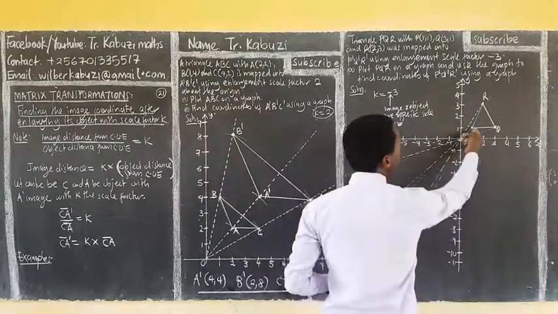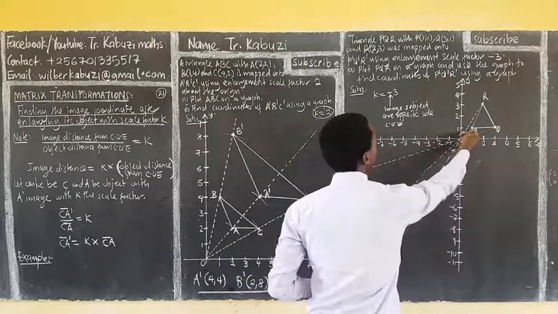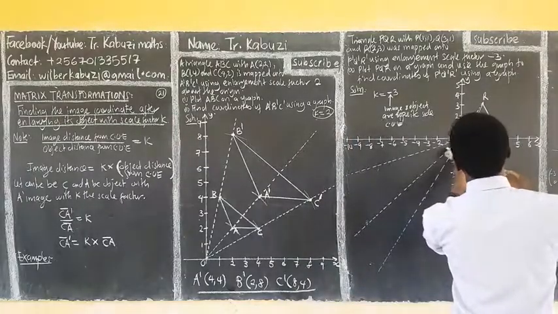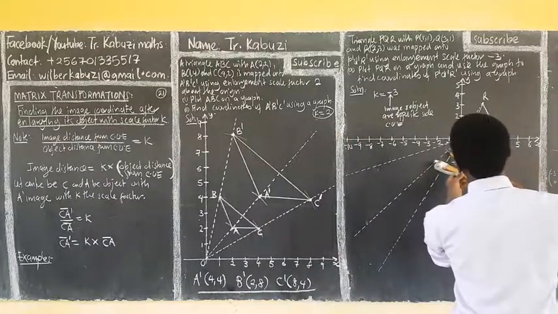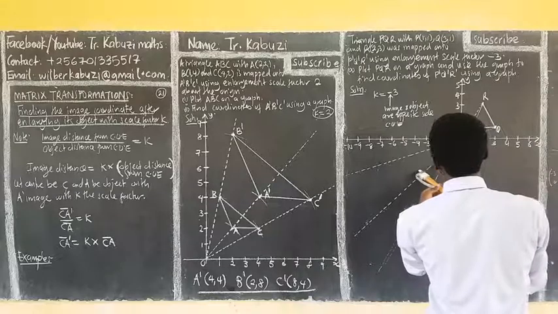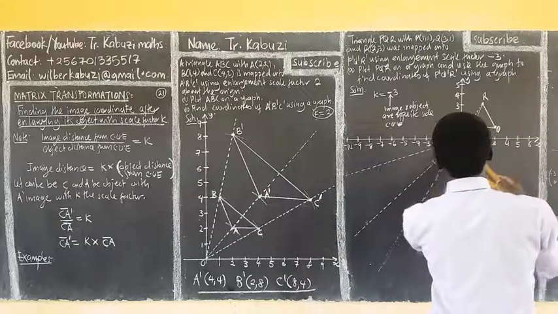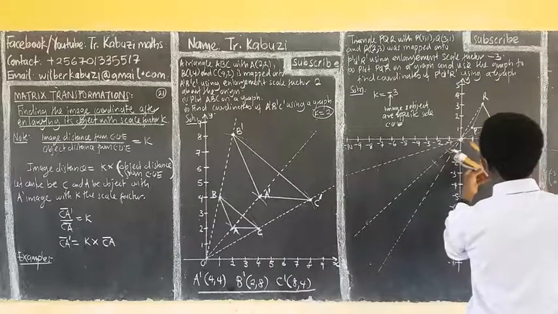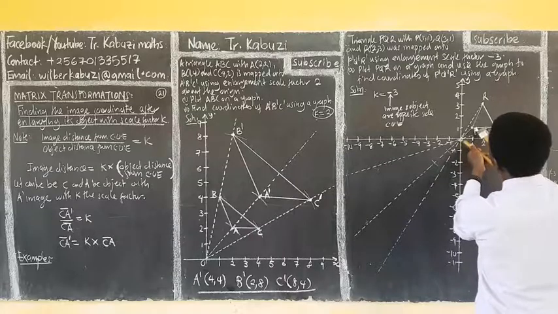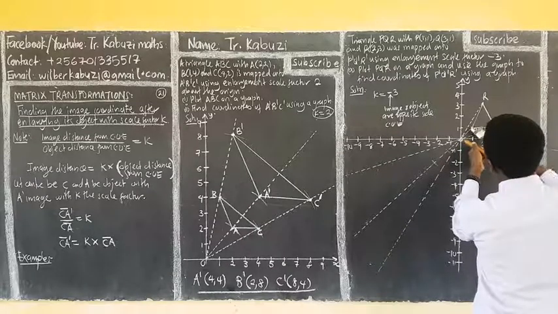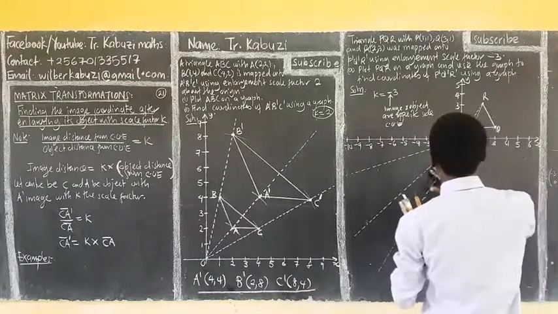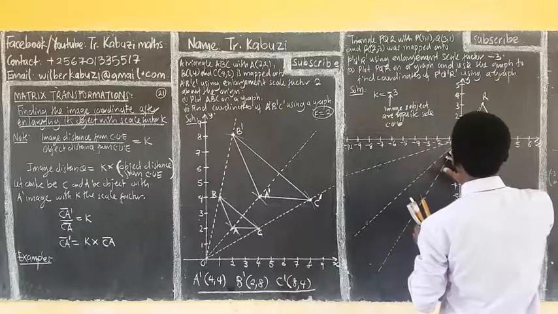Now I follow the line from P through the origin, the center of enlargement. This is my first movement. So I move like this, the first, then the second, then the third. There was a little error in measuring, so I do it again.